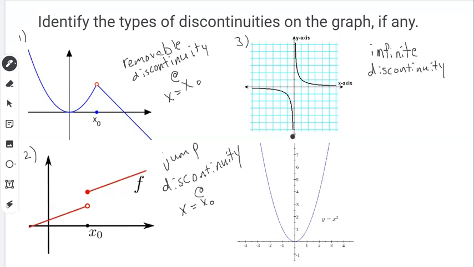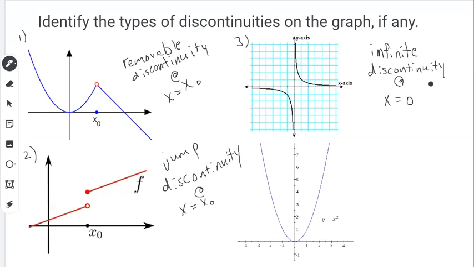It has a vertical asymptote right here on the y-axis. So that would be at x equals 0. That would be the y-axis, right? That's that vertical line. So it's going to have a vertical asymptote at x equals 0. That's how I know that it's an infinite discontinuity.